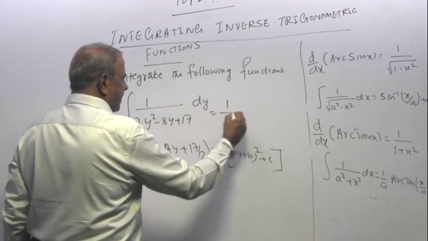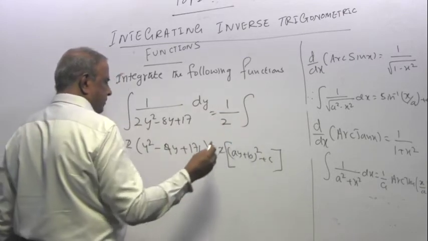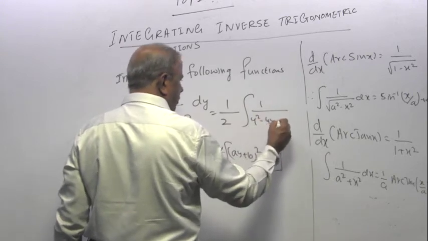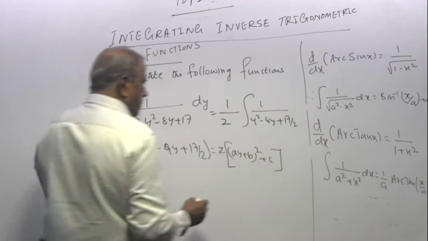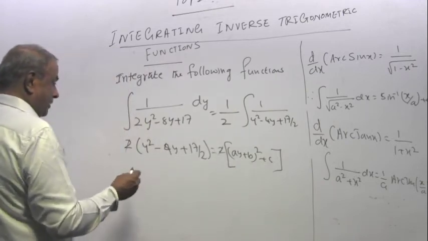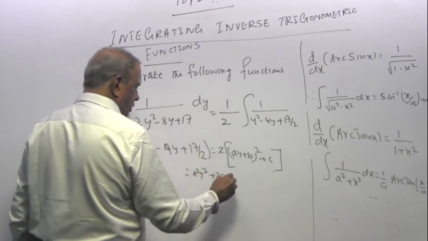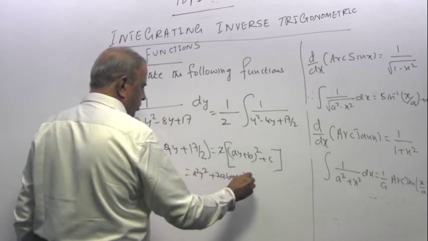In fact, I'll just write it here: 1 over 2 integral 1 over (y squared minus 4y plus 17 over 2). Okay. So that's a squared y squared plus 2aby plus b squared plus c.